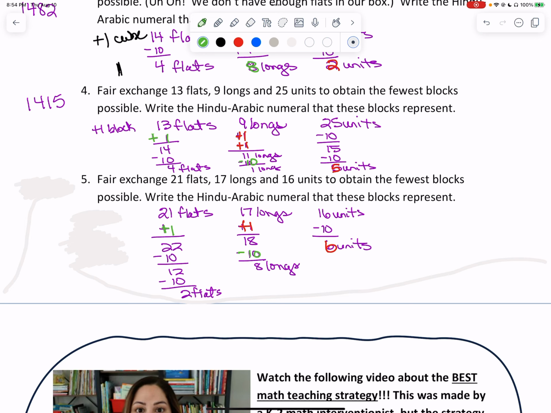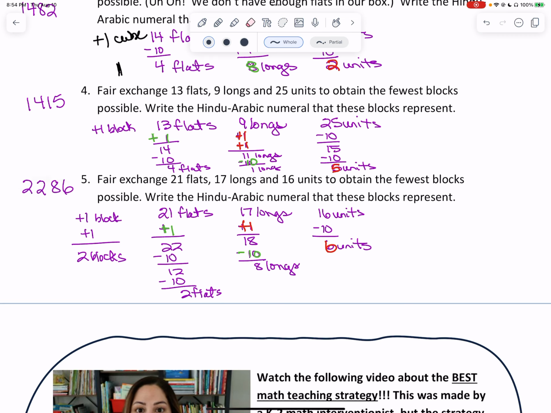Now I got 22 flats, which I can take out 10 at a time. So I'm going to take 10 at a time, and notice I have 2 sets. So I'm actually going to be adding 2 blocks. Okay, so I'm left with an answer of 2,286. All right, so I'm going to stop this one, and you'll have another video or two to finish off this section.